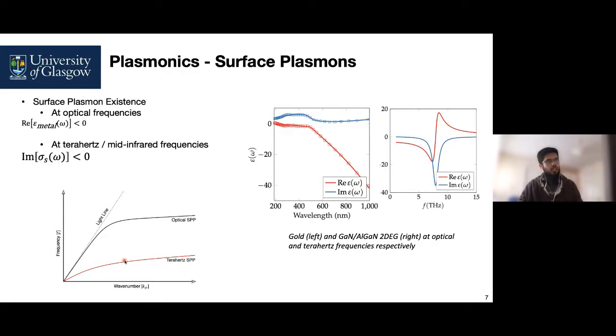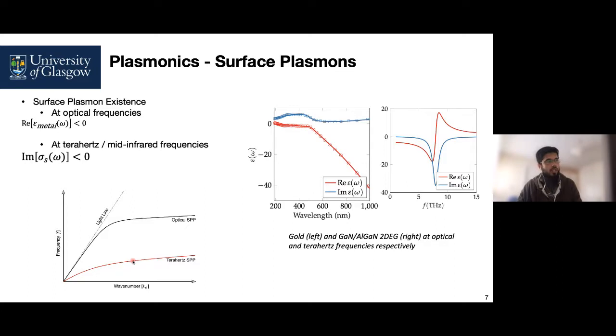So this actually means a lot of things, but most importantly, it means that the confinement capabilities of terahertz frequency surface plasmons are much higher as compared to optical frequency surface plasmons.